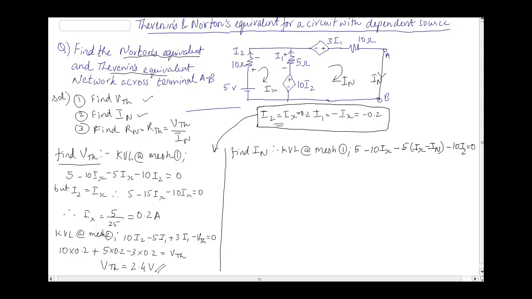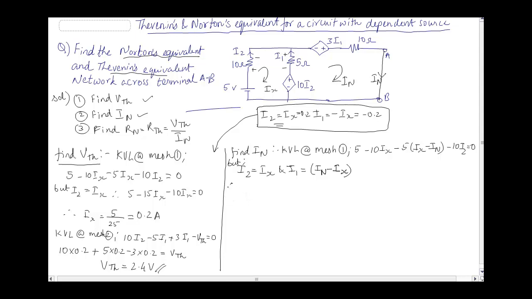Okay, now I2 is same as, look at the figure, you will find out I2 is same as Ix and I1 is same as In minus Ix. You look at the direction, you will see In is flowing from top to bottom, or bottom to top, and Ix is flowing from top to bottom. So I1 will be In minus Ix. That is I1. So I need to substitute. Therefore, there is only I2 to be substituted.